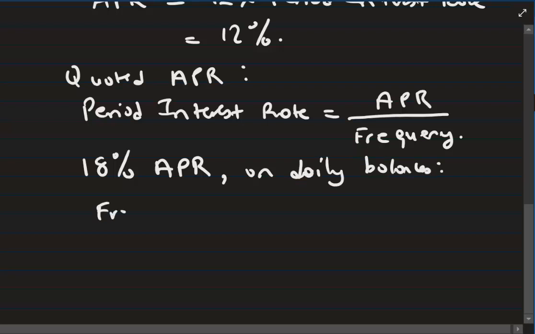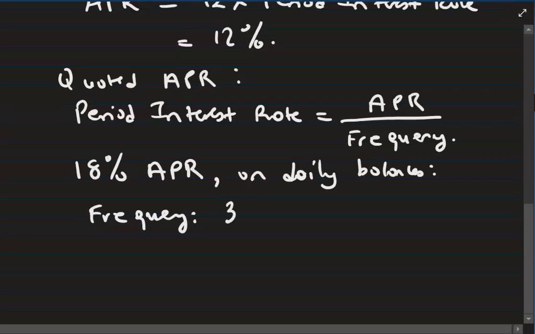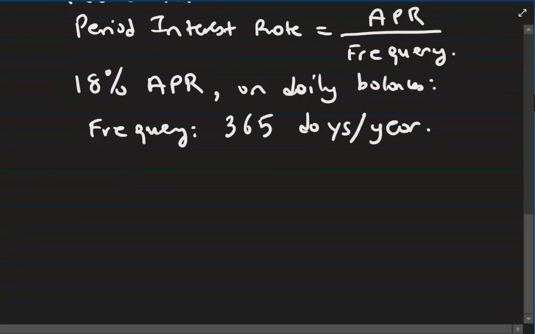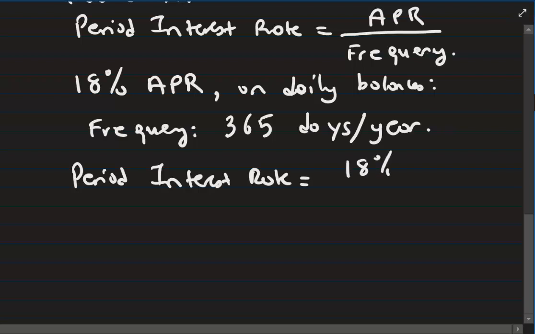So what is our frequency? We're not going to worry about leap years. So we have 365 days a year. So that's our frequency. So if you wanted to calculate the period interest rate, that's going to be 18% divided by 365 if interest is accruing daily.